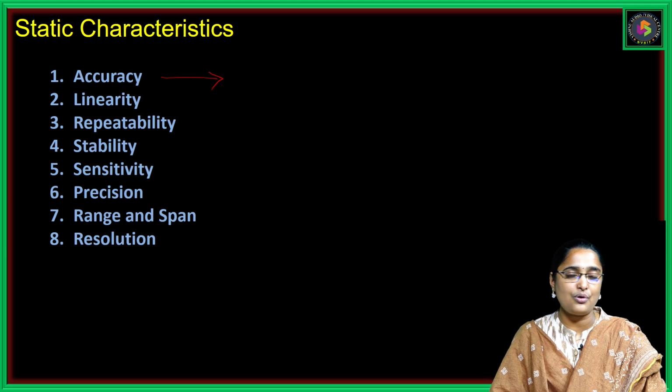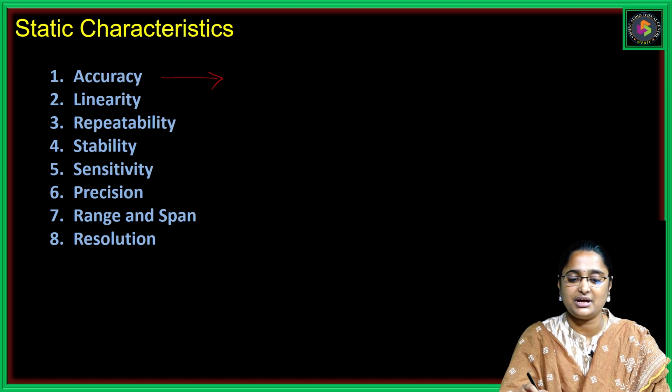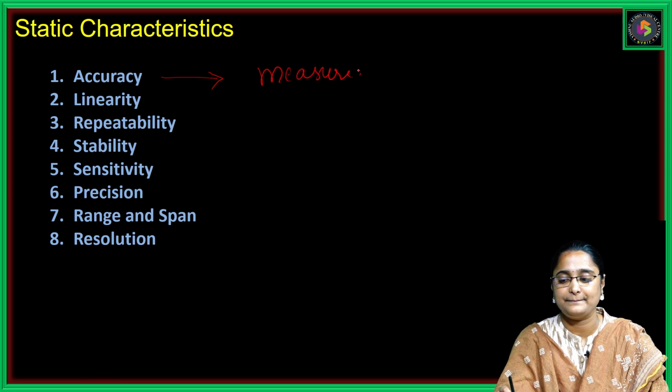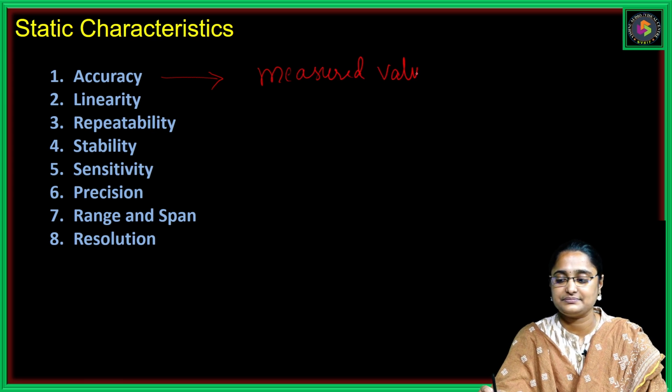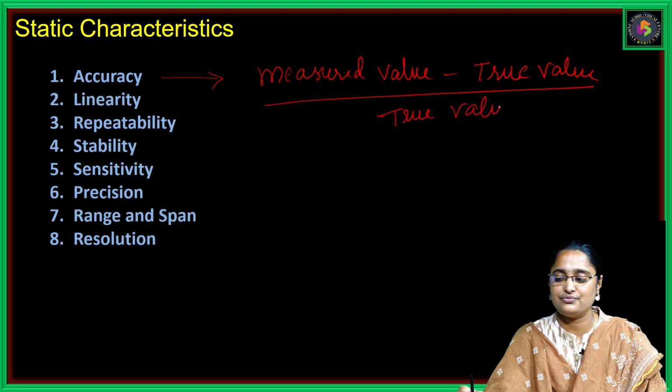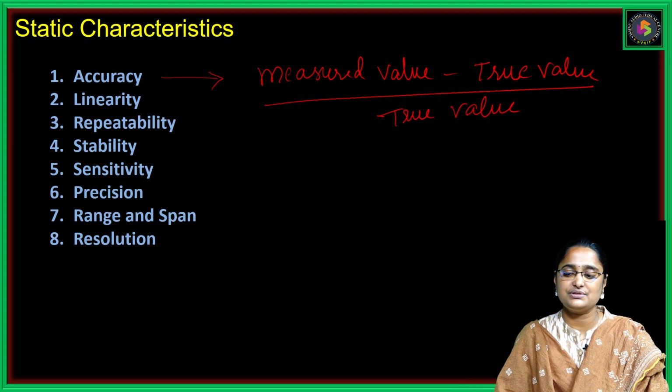So how close your measured output is to the true value is given by accuracy, that is, measured value minus true value, divided by true value. So this gives you the accuracy.